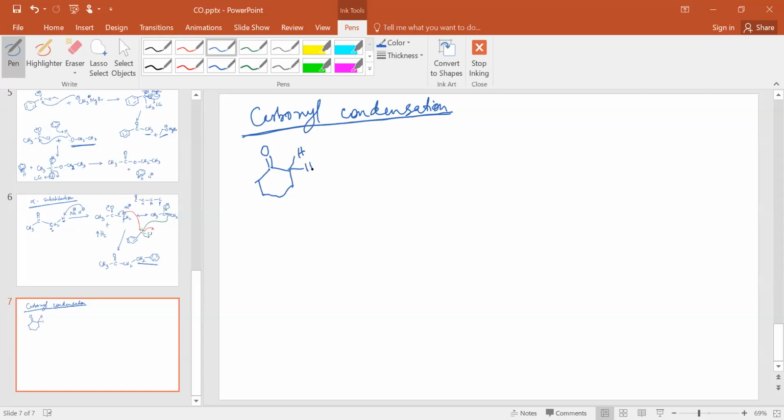What was the strong base in the previous slide? Sodium hydride. Here the strong base is sodium hydroxide. So this reaction will be the same: it will take one of the alpha hydrogens. So the product will be here, with sodium as the counter ion, plus water as the byproduct.